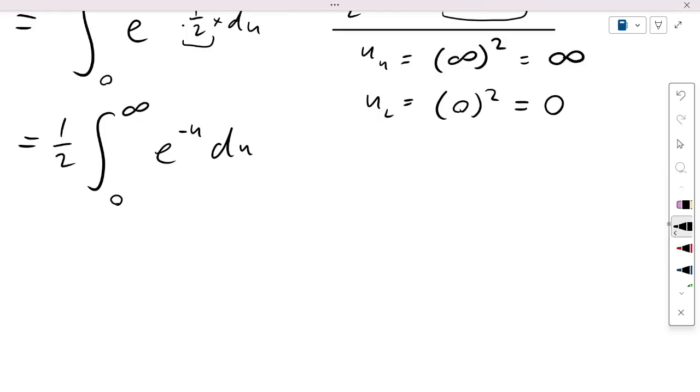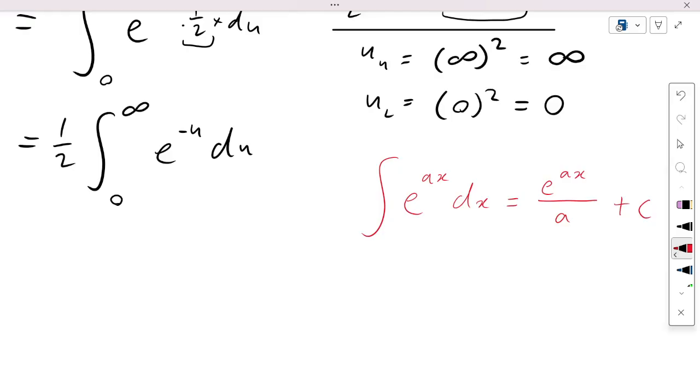And the reason why we're keeping it like that is because let's just consider the following: if we're saying the integral of e raised to the power of ax with respect to x, this will just give us the answer of e raised to the power of ax, divided by a, plus c.